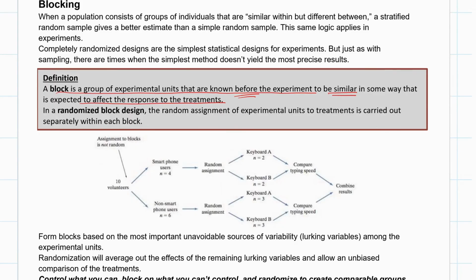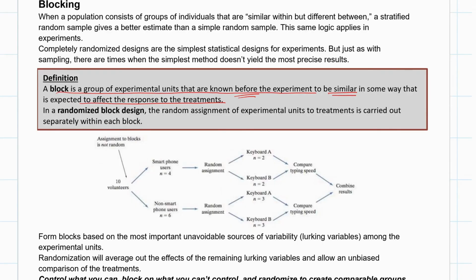Now, if we know ahead of time that they're going to interpret the treatment differently, the one thing that we want to avoid is to have all of those experimental units that react differently all in the same treatment group.